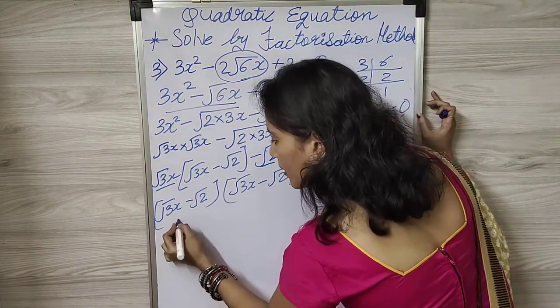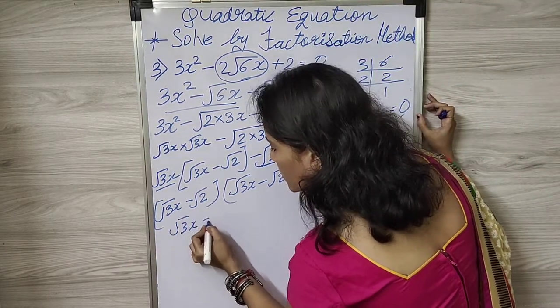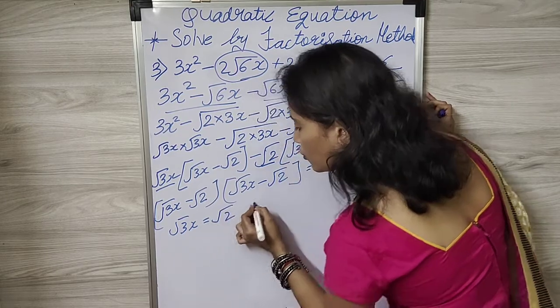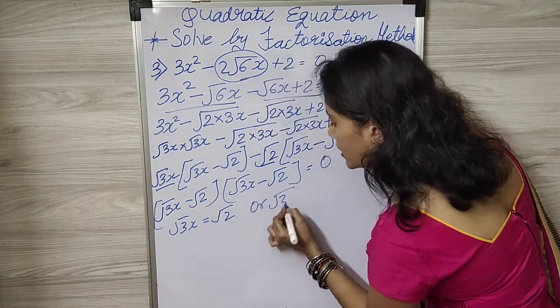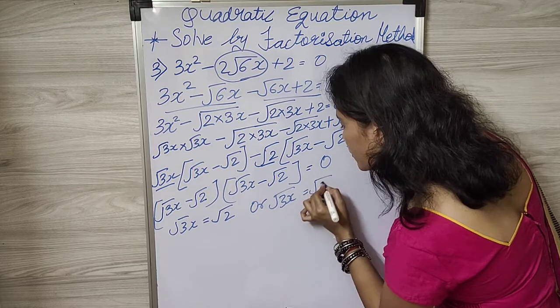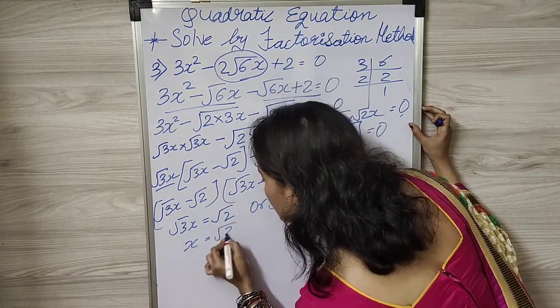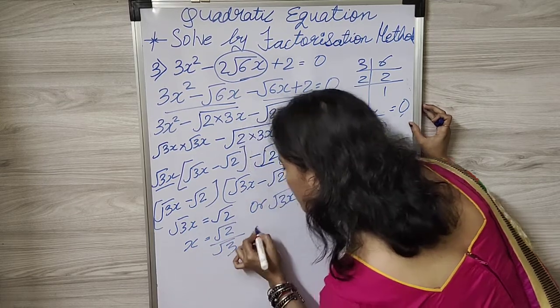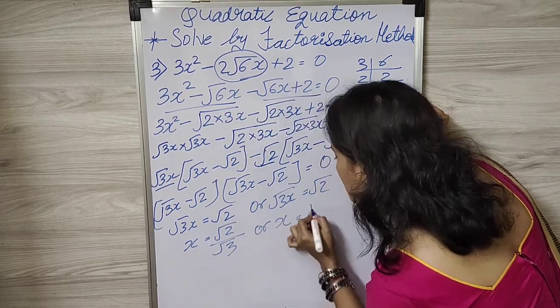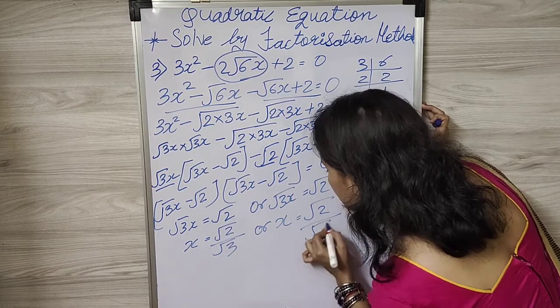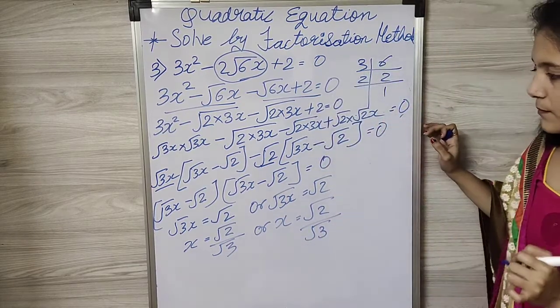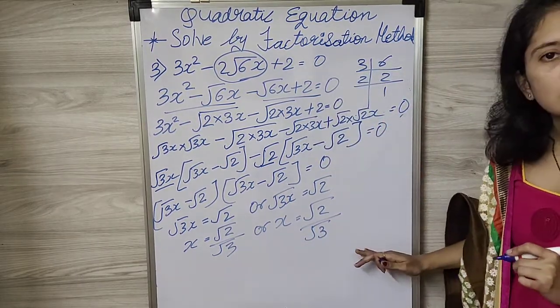Now, under root 3x is equal to under root 2, so x is equal to under root 2 upon under root 3. I think you have understood this question.